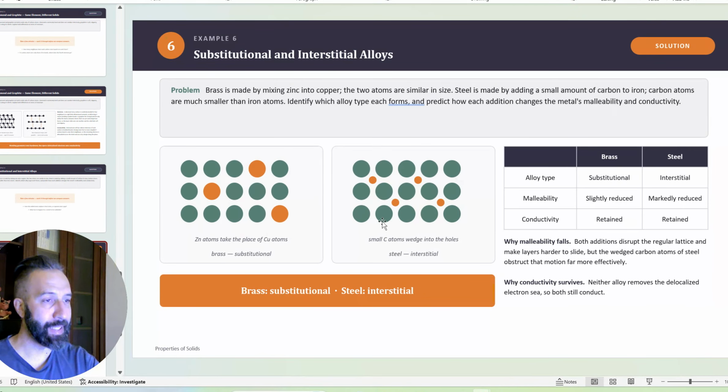However, in this type of alloy, and again, I think 99% of the time they're just going to give you steel as an example. So that's all you need to remember. So carbon atoms really disrupt this structure and make it unable for the layers to slide over each other. So you have a much reduced malleability. Why is conductivity not reduced?